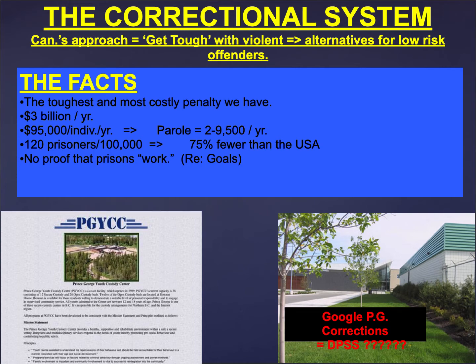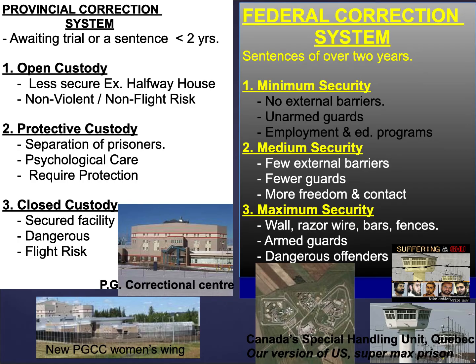But we definitely have far fewer people in the correctional system now. There actually are different types of prisons here. Starting with the provincial, there's a provincial correctional system, and then there's a federal correctional system.